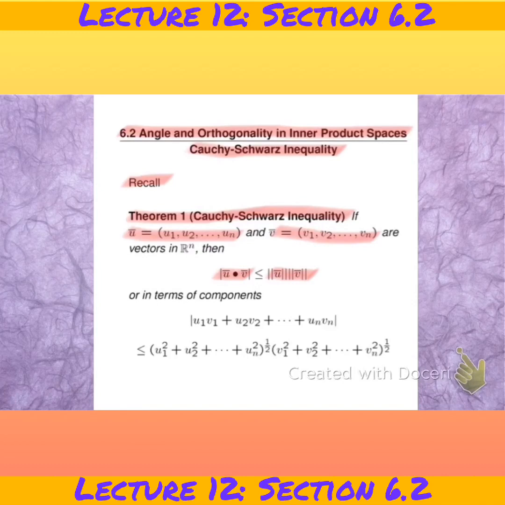That was with regards to the dot product. Recall that the dot product was just the product of the components that you then added up, and the norm was just the square root of the sum of the squares of the components.